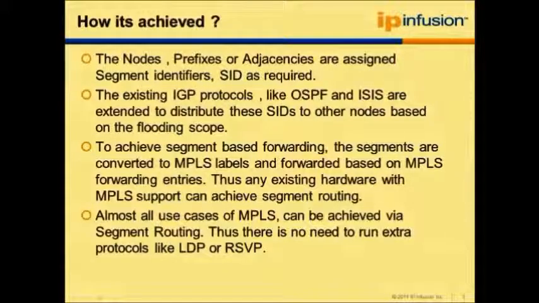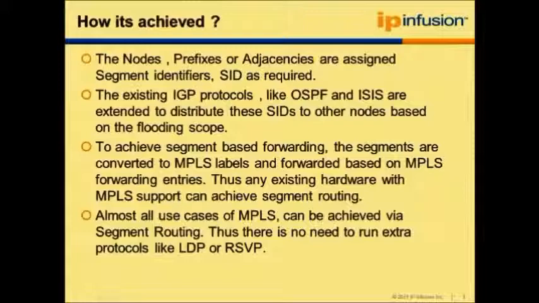The interesting aspect of segment routing is that the forwarding can be achieved by the existing MPLS hardware. So how is it achieved? A segment is 32-bit, but it can be modeled into an MPLS label, which is 20-bit. So our existing hardware which supports MPLS forwarding can achieve segment-based forwarding also.